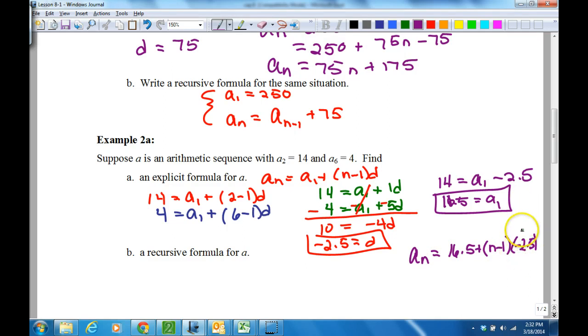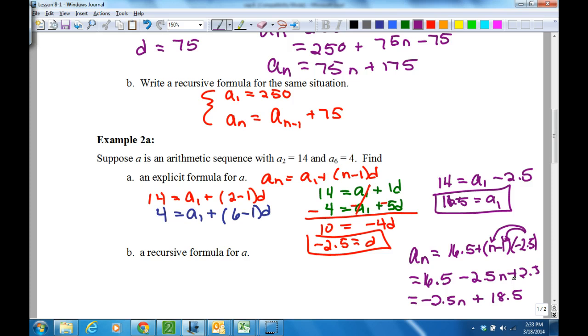I need to make sure that I multiply that through to both of these. So 16.5 plus negative 2.5n plus 2.5. That's the same thing as saying negative 2.5n plus 18.5.